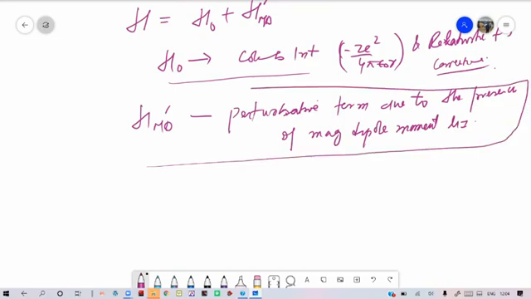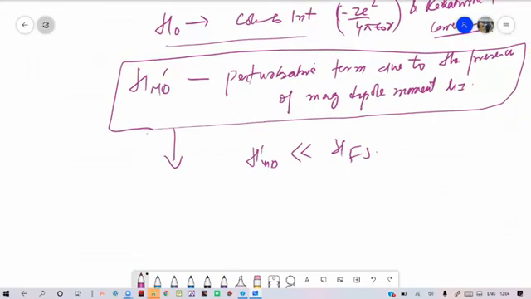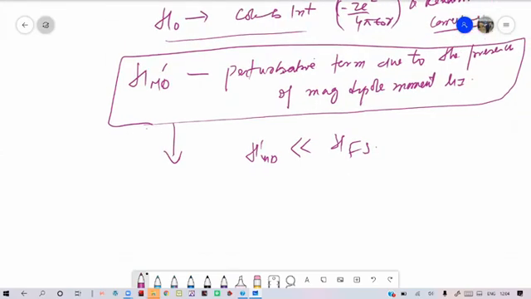Then our aim is to find this. In calculating this, we will see that this term is very small compared to the fine structure term or any other terms, because the magnetic moment of the nucleus is smaller than that of the electron.